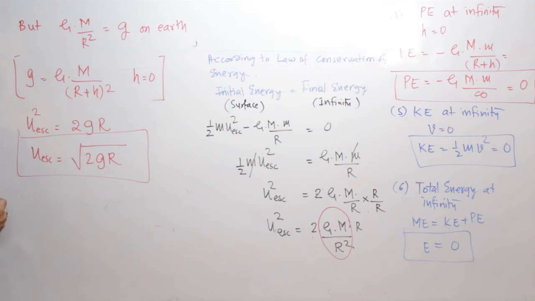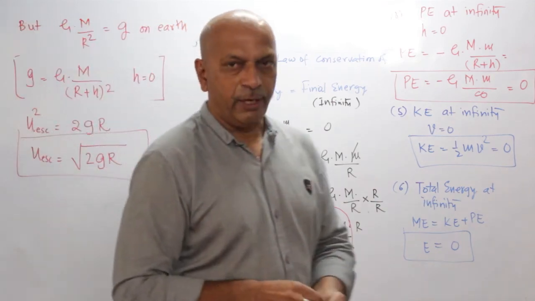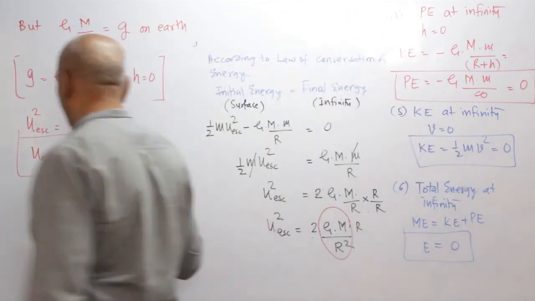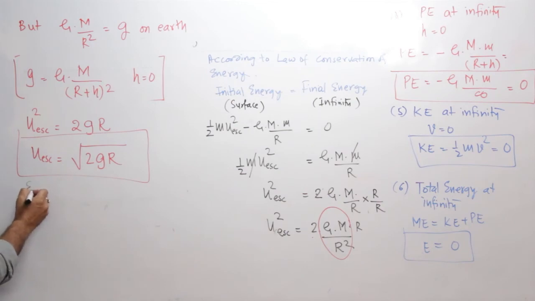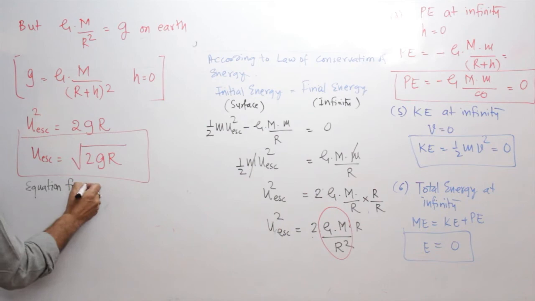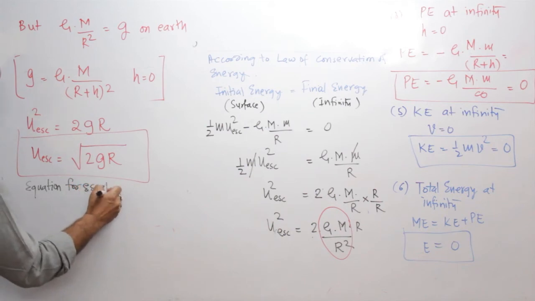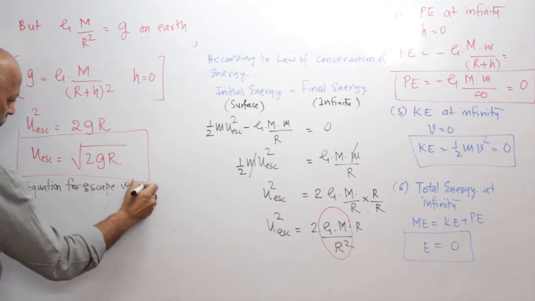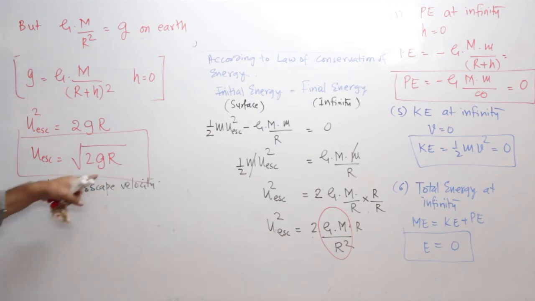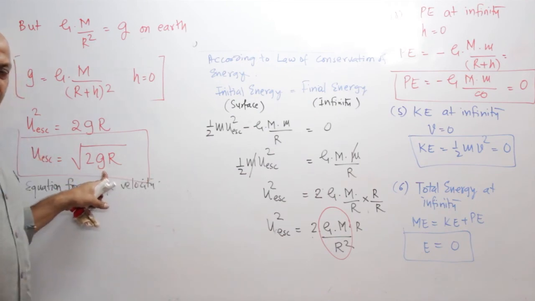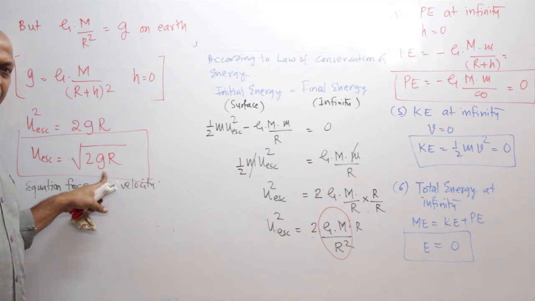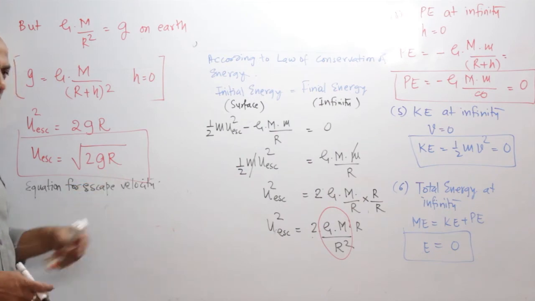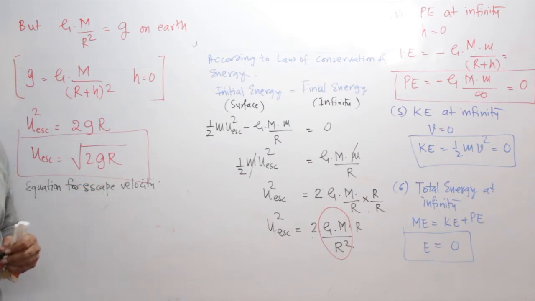So this is the formula for escape velocity. Here g is the acceleration on the surface of the planet, here on the earth, and R is the radius of the planet or earth, and accordingly we can calculate the escape velocity.